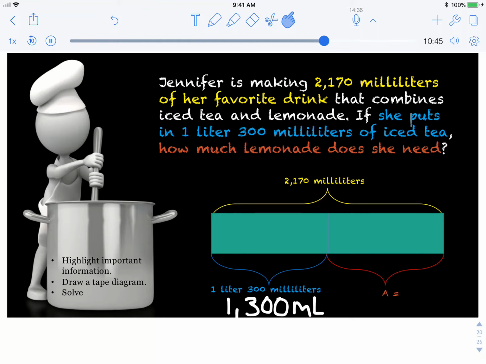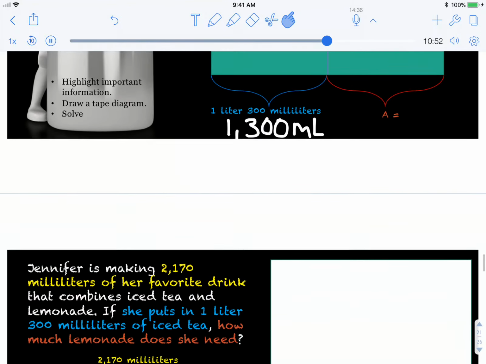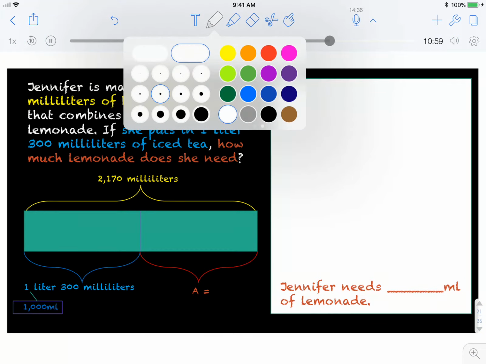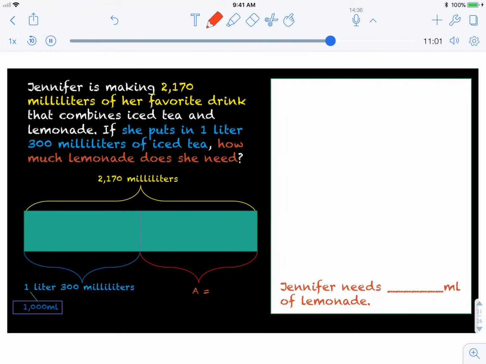How much room is left to add the lemonade? So, let's look at this. How much space is left? How much lemonade does she need to fill this pot or this pitcher?